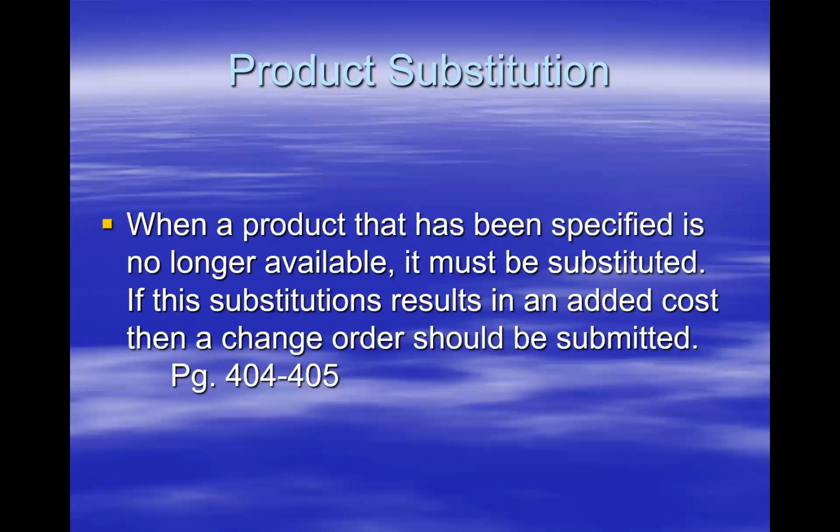When that happens, that may equate into some type of upcharge for the electrical subcontractor. If the architect decides to substitute a different fixture, there's a price difference. That would be another example of where a product substitution would generate a change order.